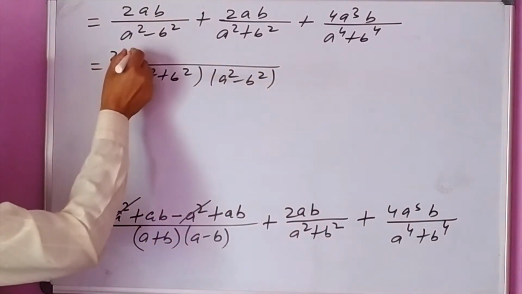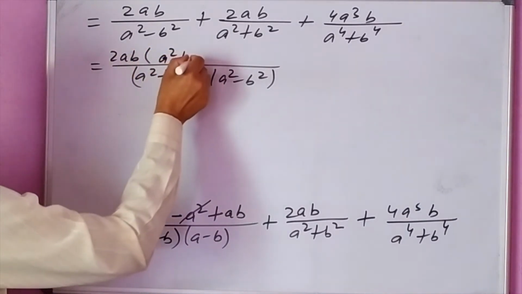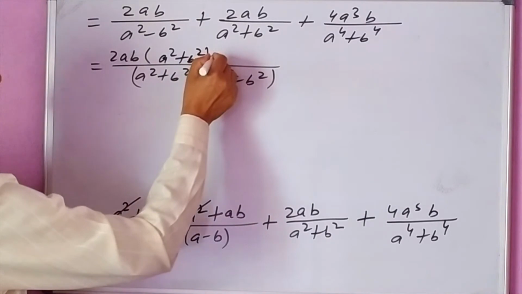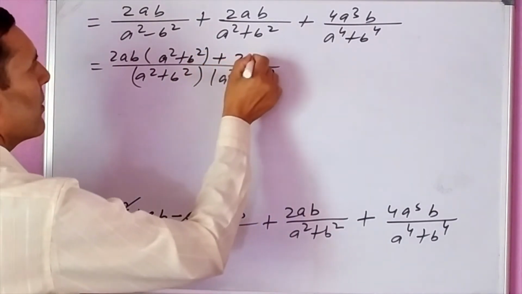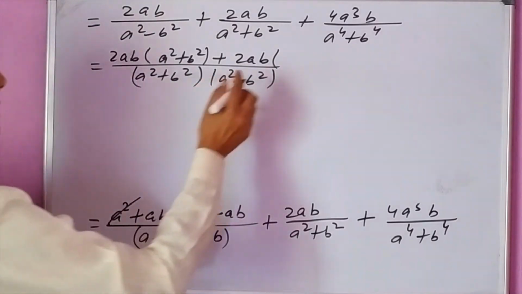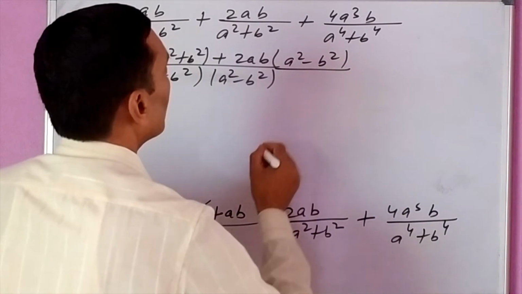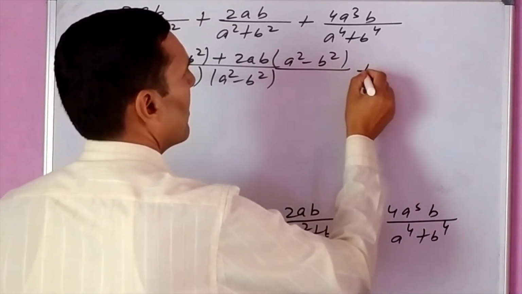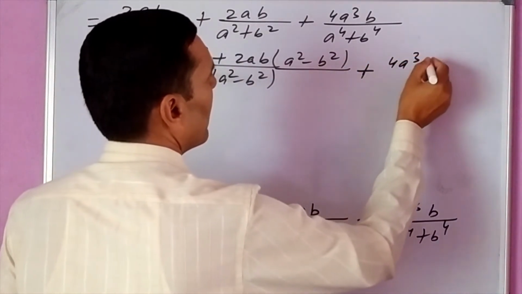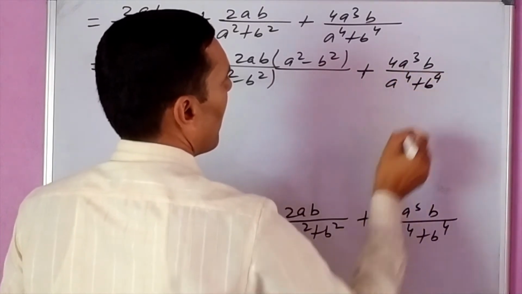So 2ab times a square plus b square, and this plus 2ab times, now a square plus b square cancels, so a square minus b square, plus the last term as it is, 4a cube b upon a power 4 plus b power 4.